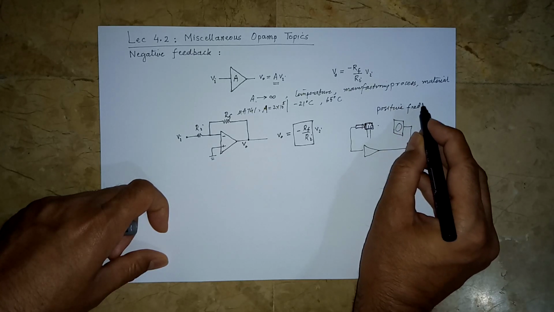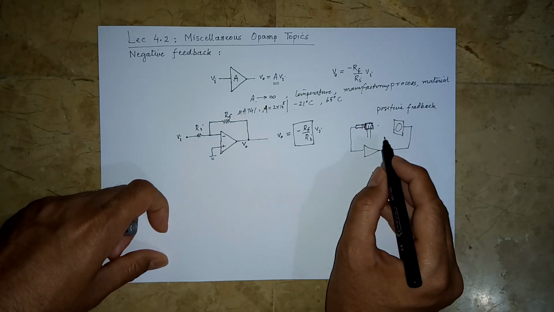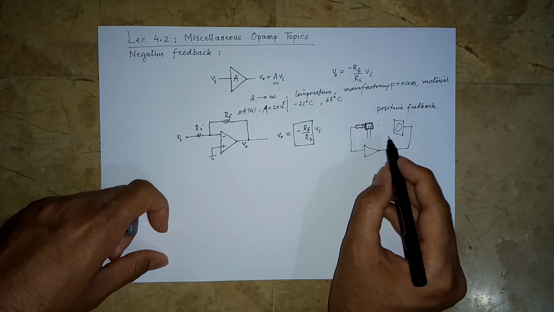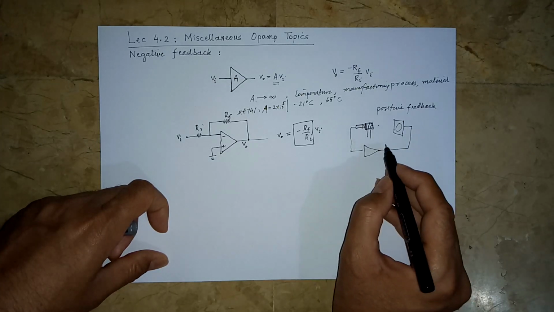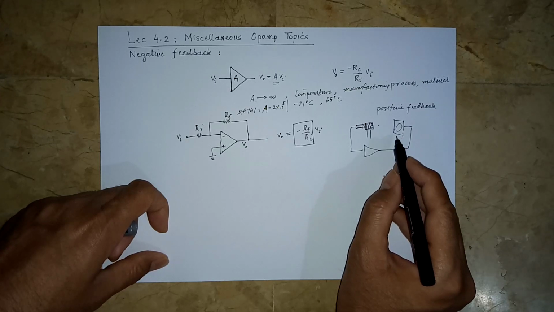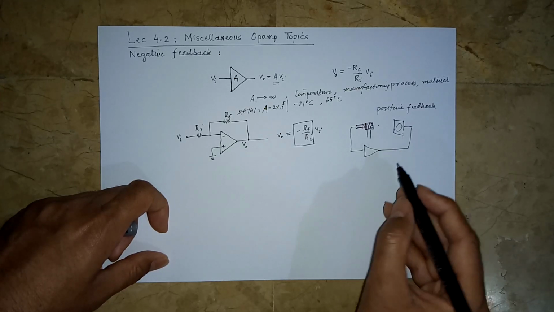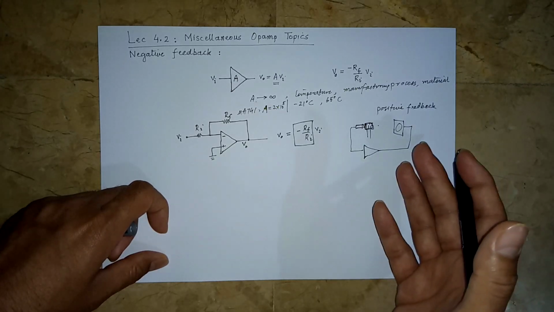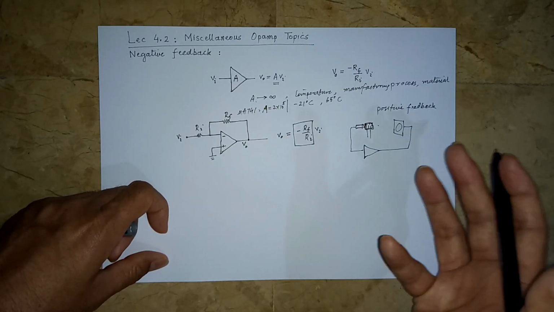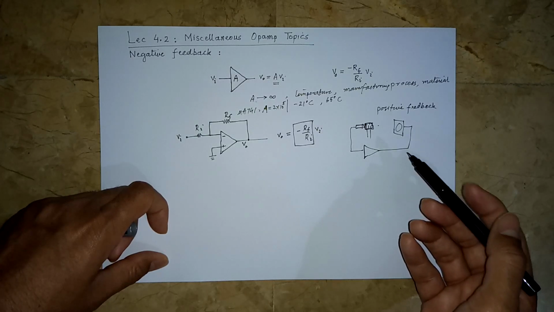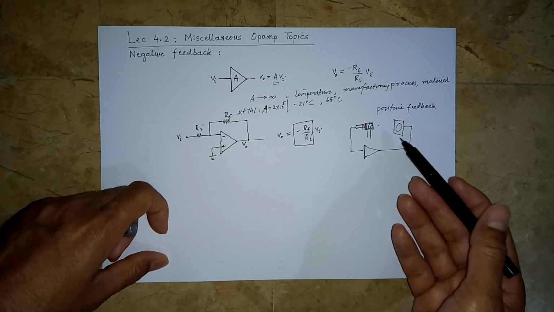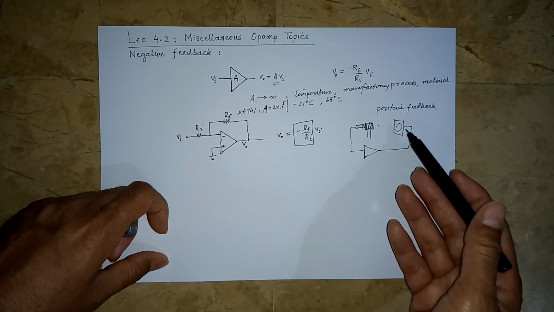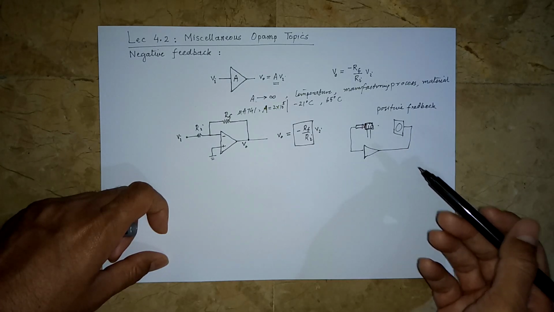Every one of you might have come across speakers that shriek or scream, and that is basically because of some setting in which they get into a positive feedback loop, and you have to disrupt the microphone or something else to stop that screaming.